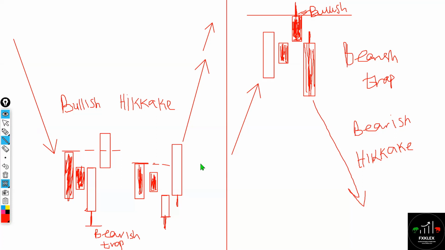The name is not so very important. In fact, you can name it whatever name you like. You can even name it my tricking friend. You can name it the tricking trap, the bearish tricking trap, the bullish tricking trap. Anything you want, you can name it.